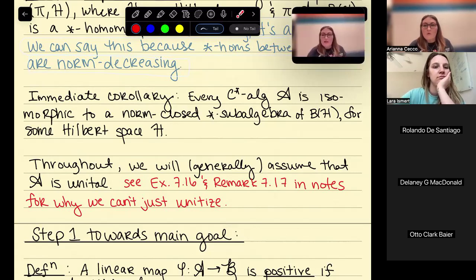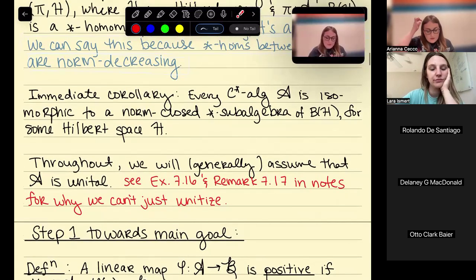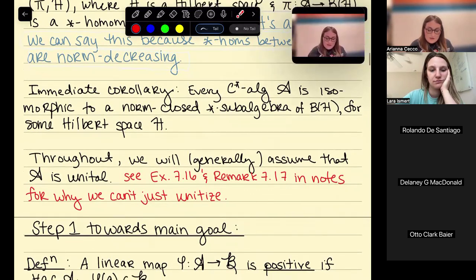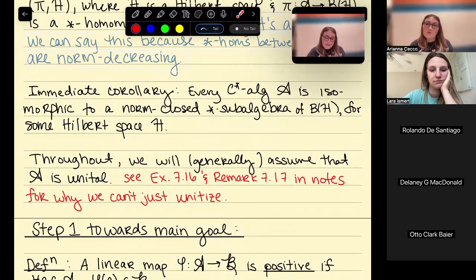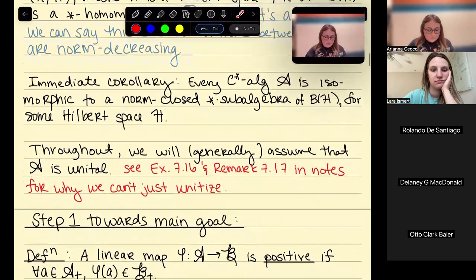I'll try to say otherwise. But you can see example, or maybe it's exercise 7.16 and remark 7.17 in the notes for why we can't always just unitize. But generally I'm going to assume that my C-star algebra is unital.